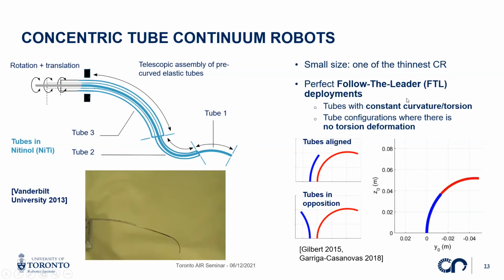For these robots, this happens when you have tubes with constant curvature, this arc of circle shape, or constant torsion, we will see it just afterwards, and when there are no torsion deformations. This no-torsion deformation happens when the tubes are aligned or in opposition, which gives this S-shape path that you can see here.